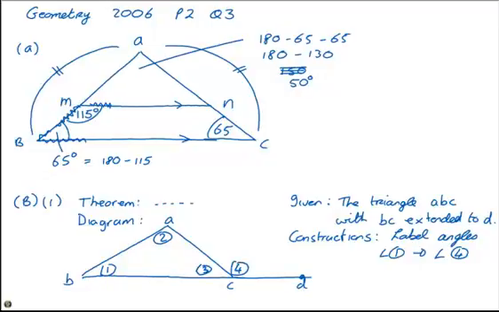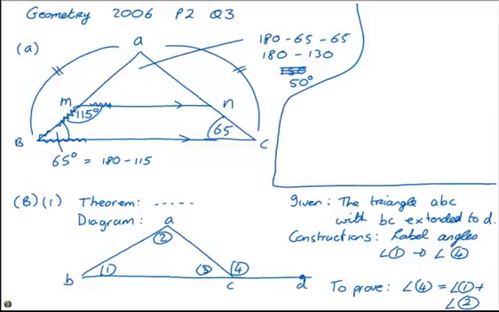And then to prove, well, that the exterior angle, so in other words in my diagram here, angle 4 equals angle 1 plus 2. Now I know it's a little bit tight. When you're laying it out, you lay it out a little bit better. Now it's just to keep it all on the one page. I'm going to use this part up here. I know it's a little bit messy, but just to keep it all on the one page.